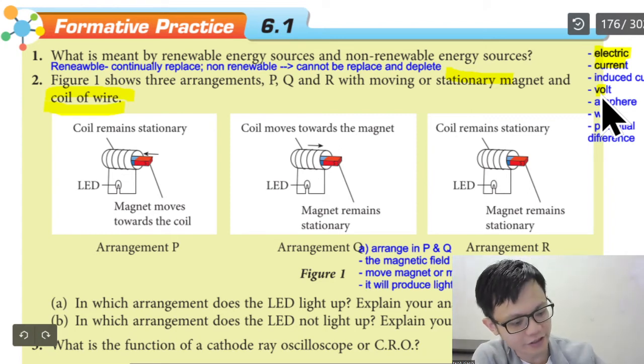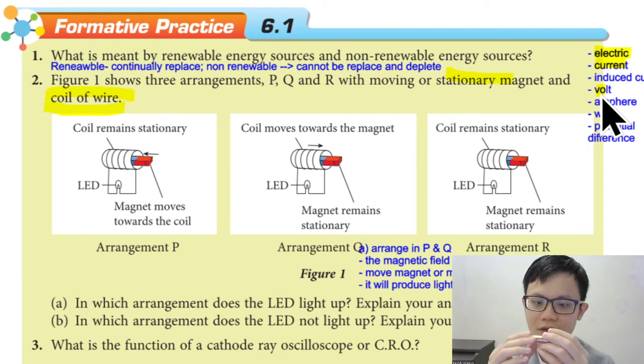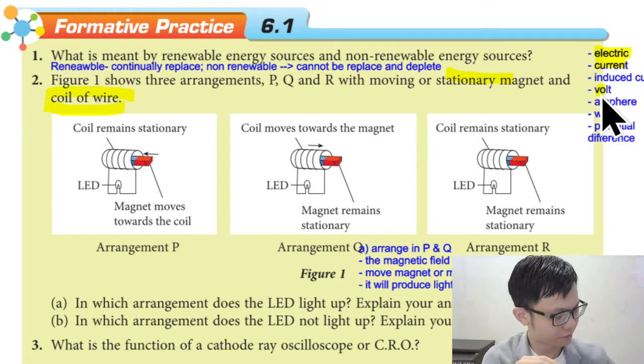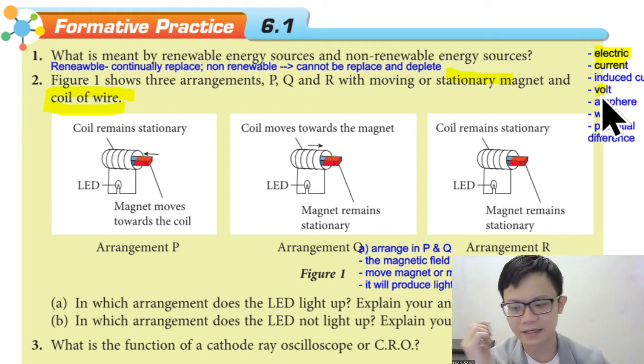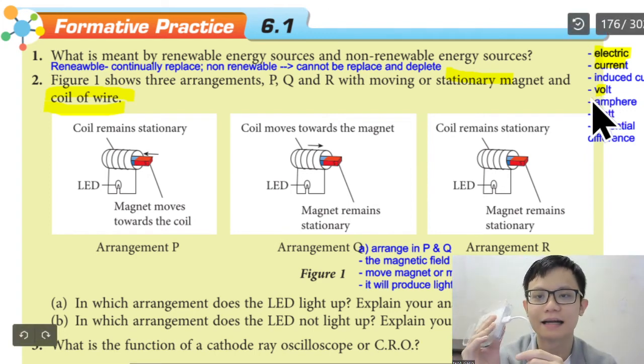In this battery, I see here it has volt. Here it didn't write the ampere, but there is mAh. I didn't bring my power bank, it's in my bag. Let's say this is the power bank.